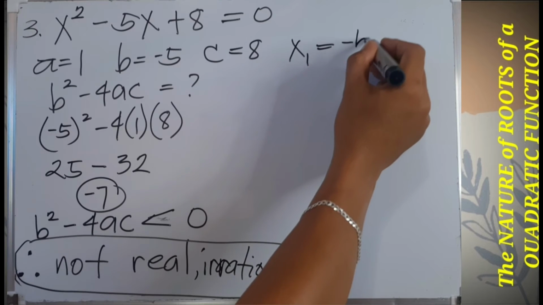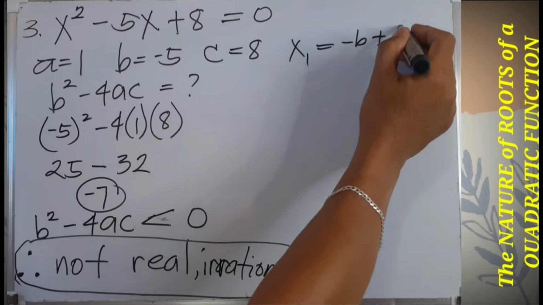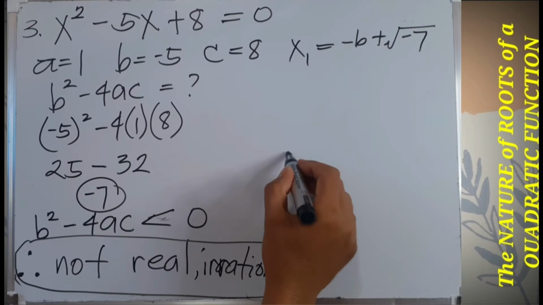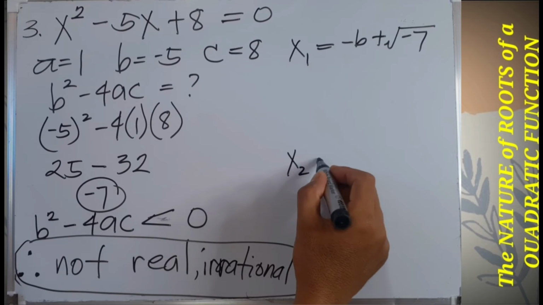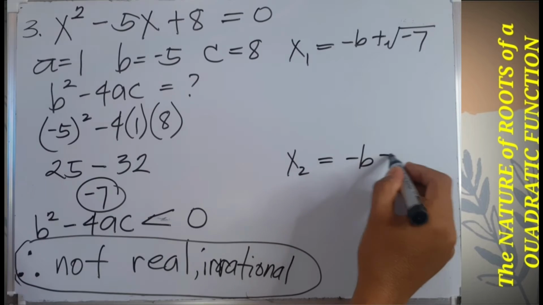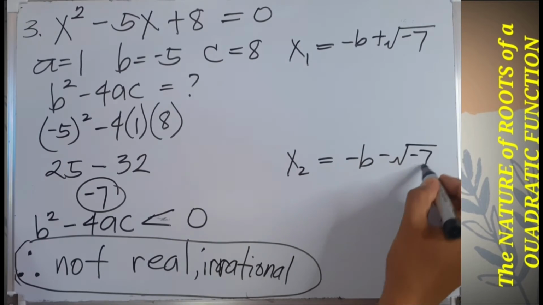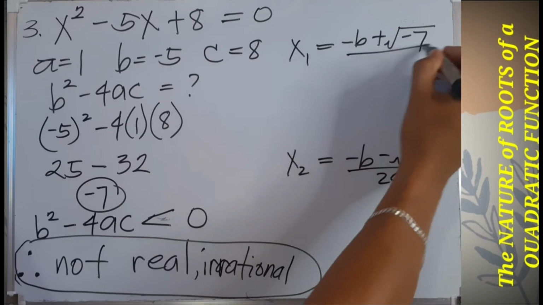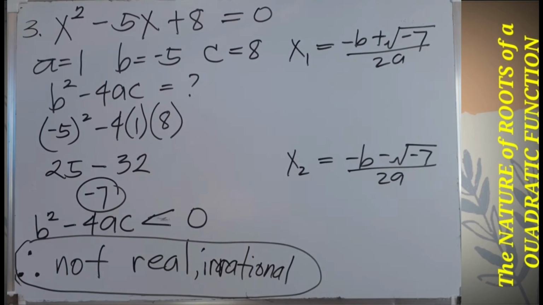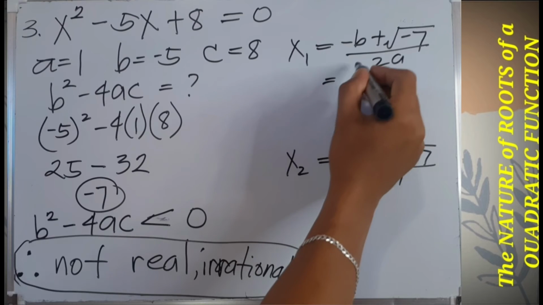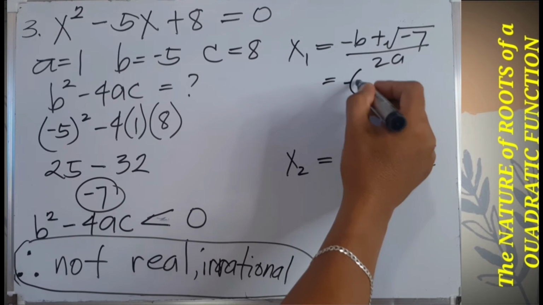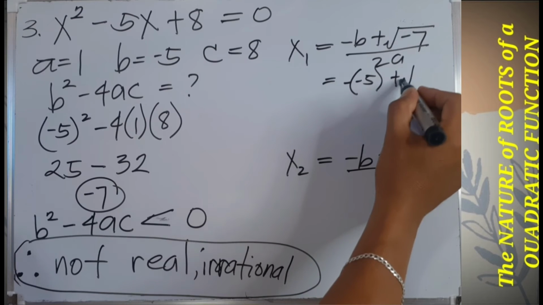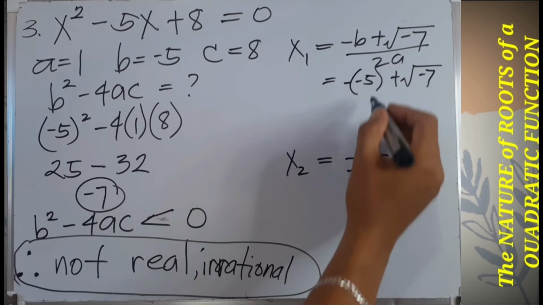Negative b plus square root of negative 7. The other one, x sub 2, equals negative b minus square root of negative 7 all over 2a. Okay. Negative b is negative 5 plus square root of negative 7 is none.